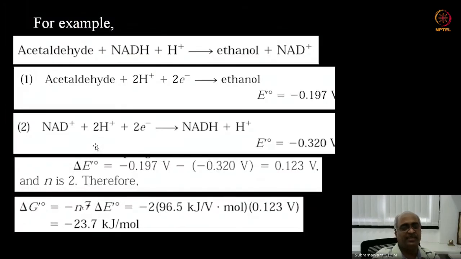So here is an example. You have acetaldehyde reduced to ethanol, or ethanol oxidized to acetaldehyde. This is the typical reaction that happens in yeast fermentation to produce alcohol. If you remember the competitive inhibition in enzymes, we were talking about this.